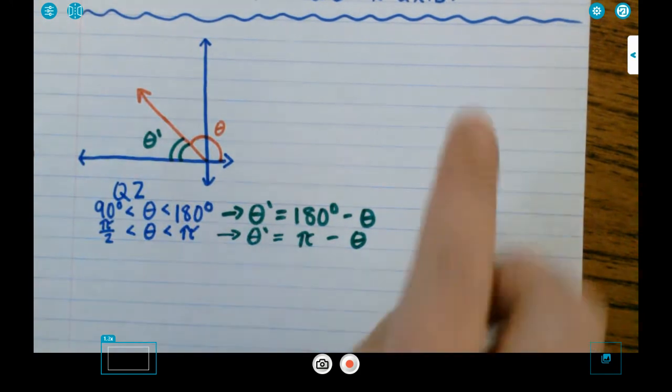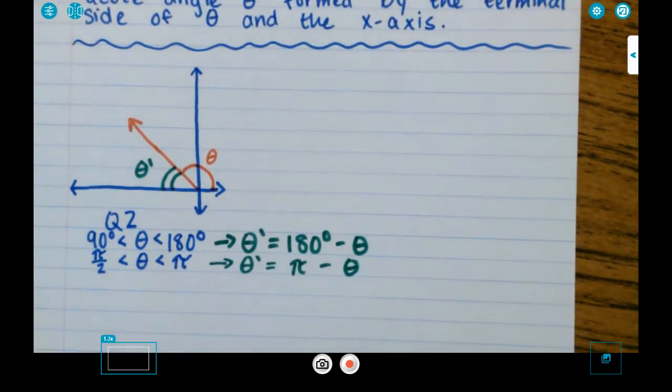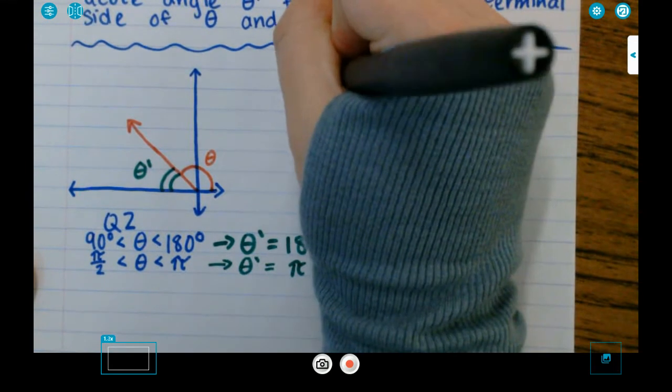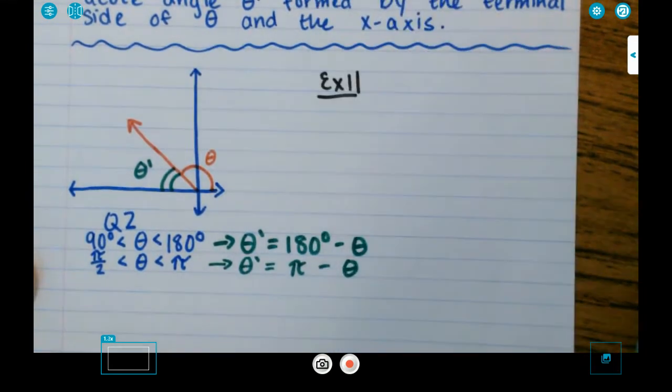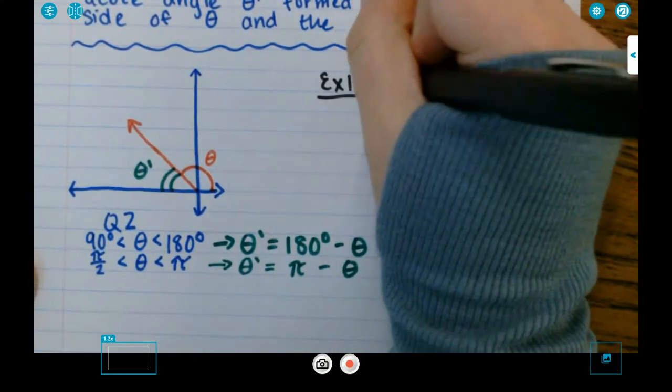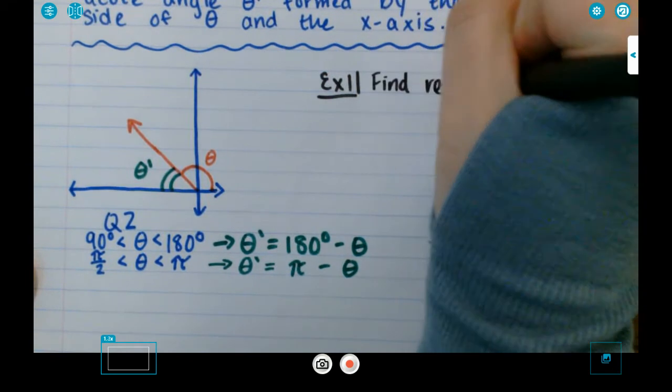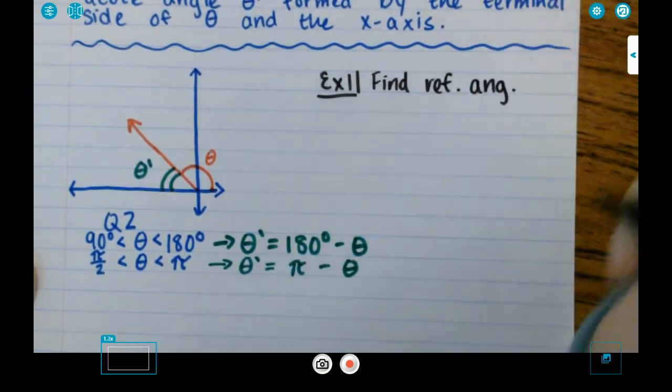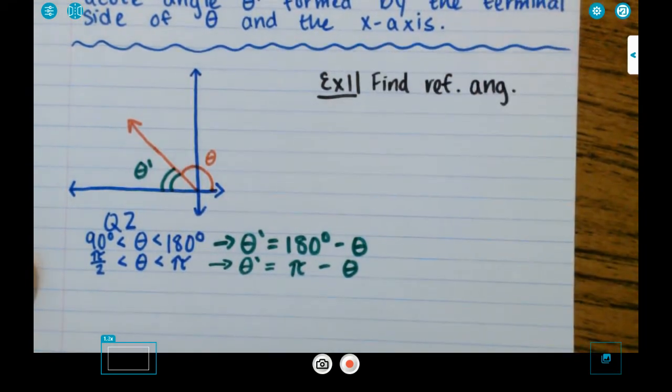I'm going to do my example over here. So our first example, and on your assignment, you guys are going to have to figure out what quadrant things are in. I'm telling you because we're doing them with the rules. So our first example is going to be to find the reference angle of theta equals 5 pi over 6.